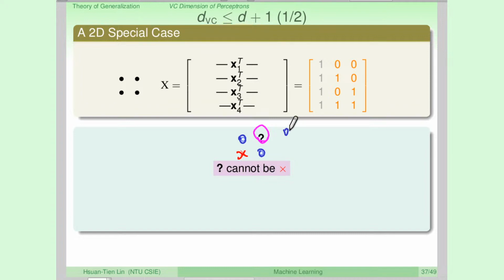It cannot be cross. Why is that? Well, you now use your visual inspection with your human intelligence. I believe it's not that hard to draw the conclusion that it must be a circle if I want to make the first three correct. To make the first three correct, it creates some restriction such that if I insist that this guy to be a cross, there will be contradiction.